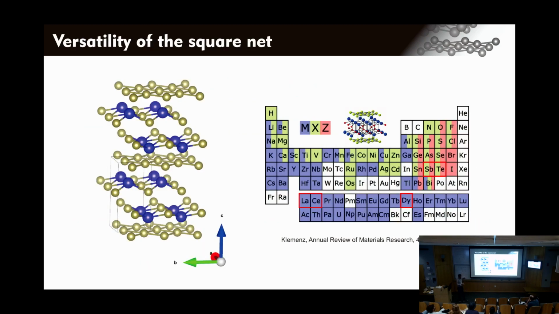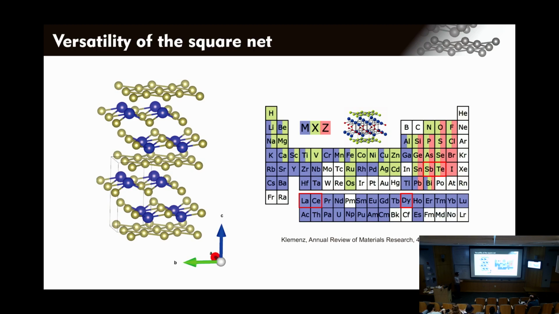Okay, so these chemical formulas that I put up a moment ago generally belong to this so-called square net structural motif. And this is a motif that I'll be discussing from now on.